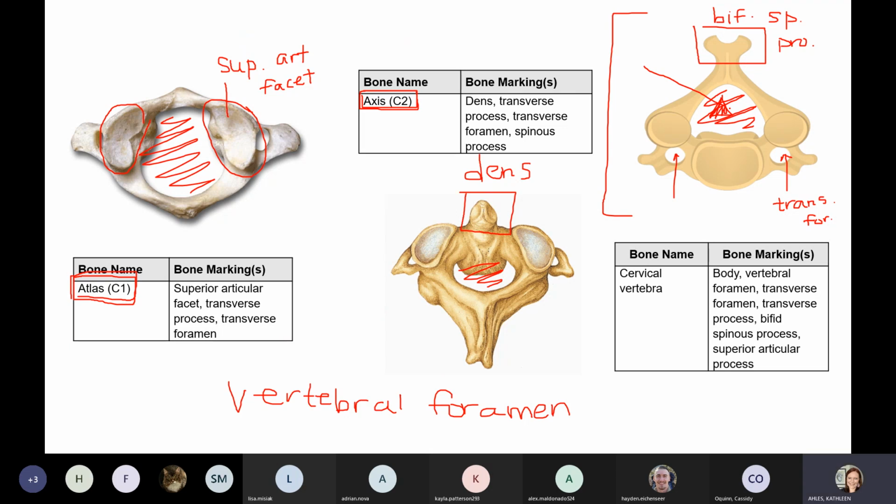Yeah, exactly. In the very middle of each of my vertebrae, I have that space, the vertebral foramen, where I would find the spinal cord. So all of those horns that we labeled, the tracts, the meninges, all of that is inside these vertebral foramen, these big holes.